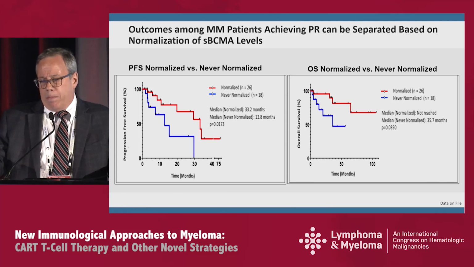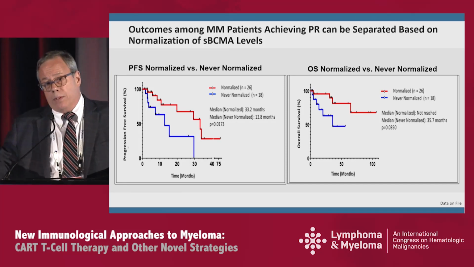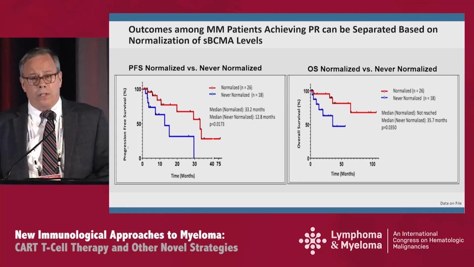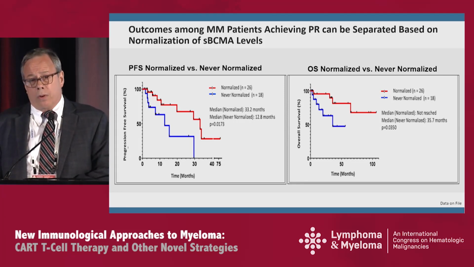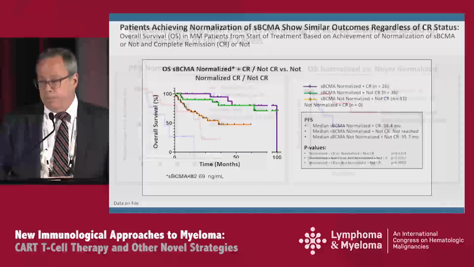So if you take PR patients here, those patients on the left-hand side who normalize their BCMA have markedly longer PFS than those who don't, despite they all are in PR. And on the right-hand side, you even show an overall survival difference. So we can tease out differences even among different response categories by whether indeed patients normalize their BCMA level.